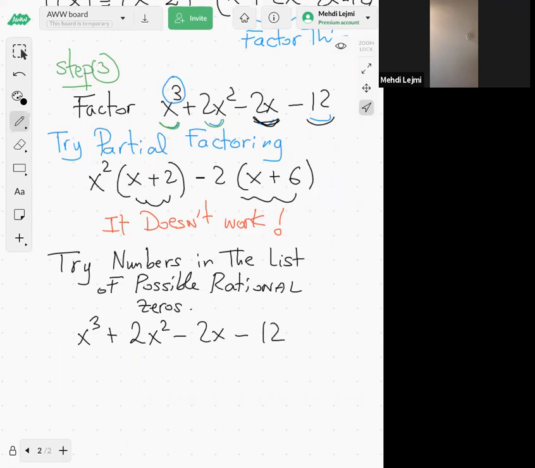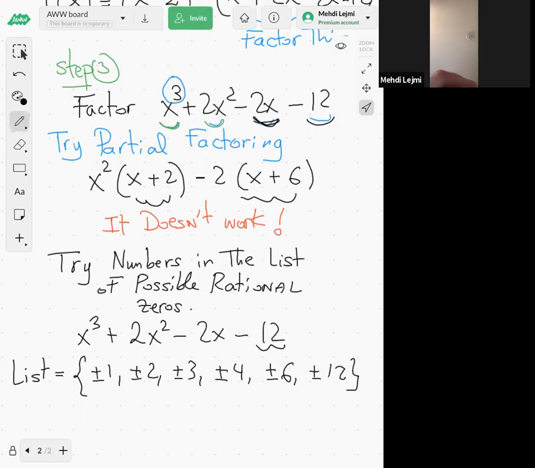So the list of possible solutions here, the constant is negative 12, so that would be plus or minus 1, plus or minus 2, factors of 12: 3, 4, 6, and of course plus or minus 12. So you can try to see if these numbers are solutions, and then you can divide by x minus the solution you get.